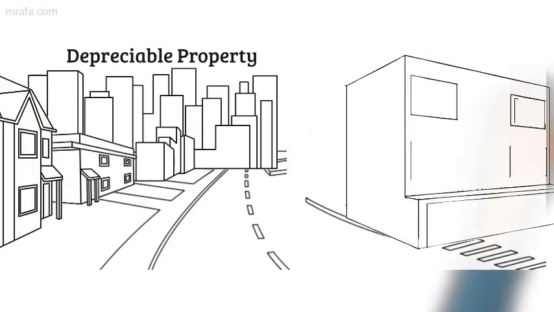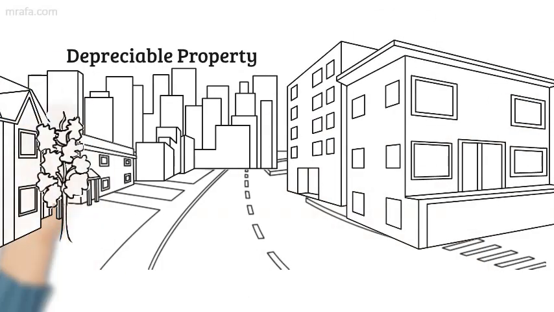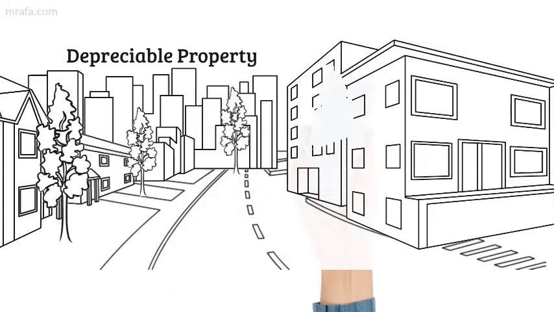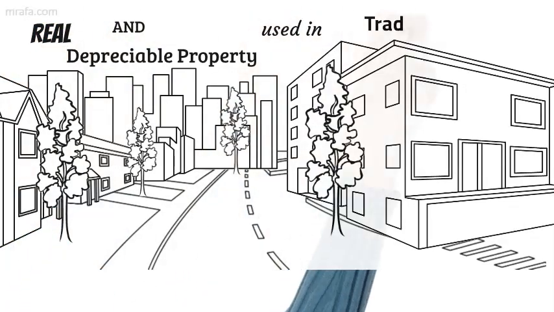And also number 8, real property used in a trade or business is also part of Section 1231 assets of the IRS.